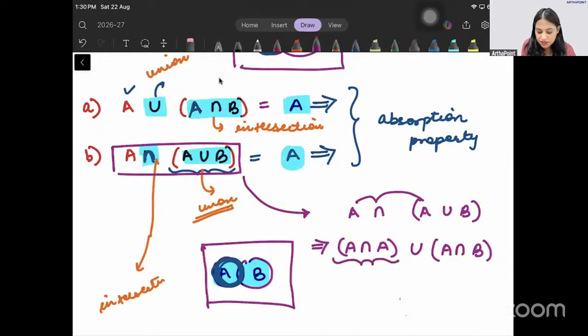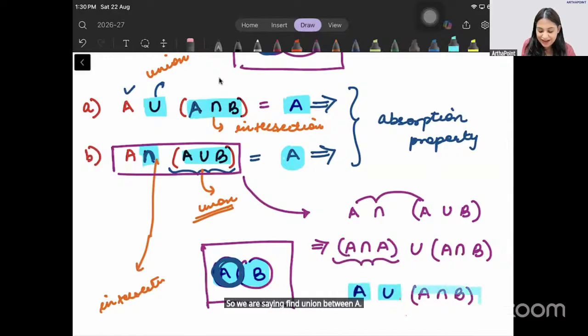A intersection A is just A, because the common part between A and A is just A. Union A intersection B. So we are saying find the union between A and A intersection B.